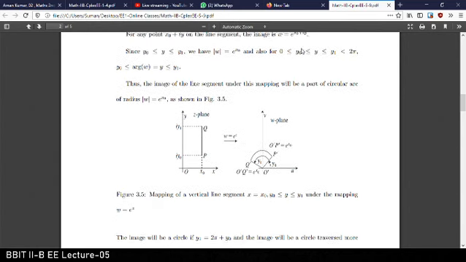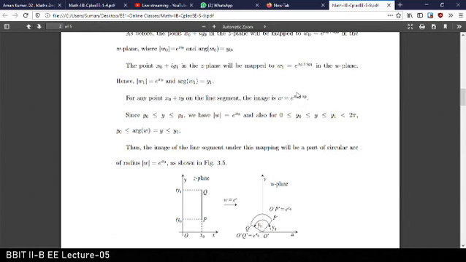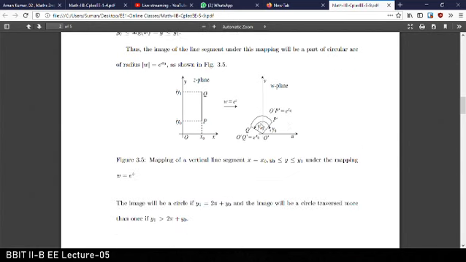Definitely we have written y0 less than y1, so this angle will be more. All points in between follow the same criteria: the distance will be the same, but the angle will be something different. Instead of y0 or y1, it will be somewhere in between. So the angle is changing this way.